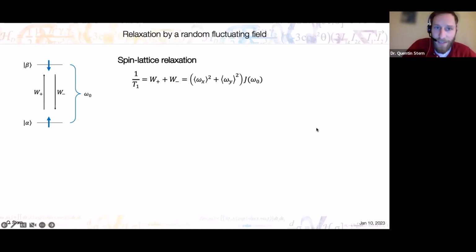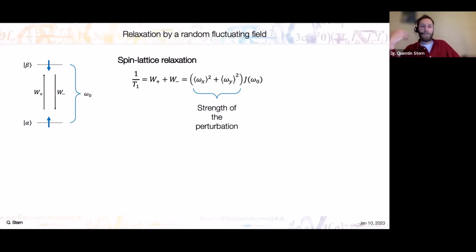In numbers, this is how you calculate it. So you have your perturbation, which has a certain strength, and this perturbation needs to be along x or y, so it needs to be perpendicular with the magnetic field. And then you have this J of omega, which is the spectral density, which tells you the probability of finding this fluctuation at the Larmor frequency of the nuclei.